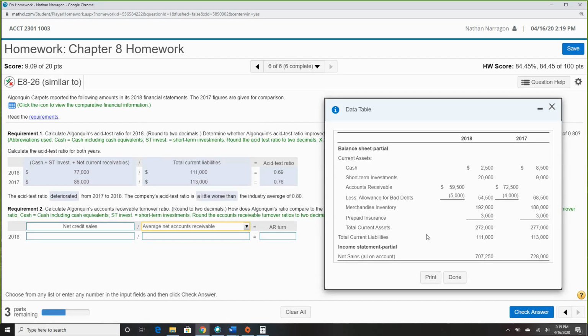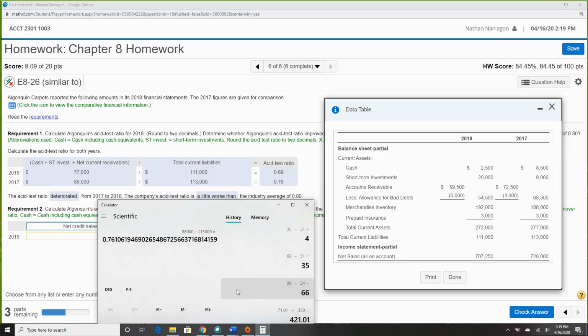So this says net sales all on account. Okay. So all of this is credit sales. Okay, so for 2018, we already know that number. Now it's time to figure out average net accounts receivable. So all this is doing is taking your 2018 and adding the 2017.